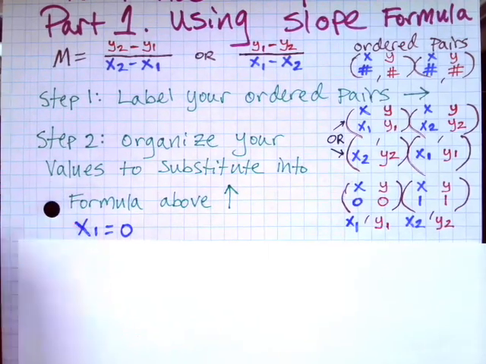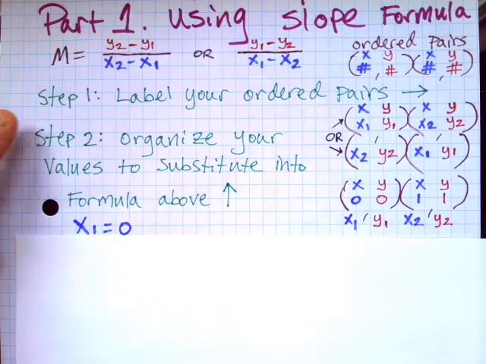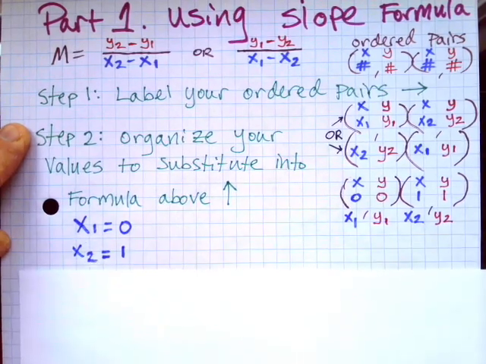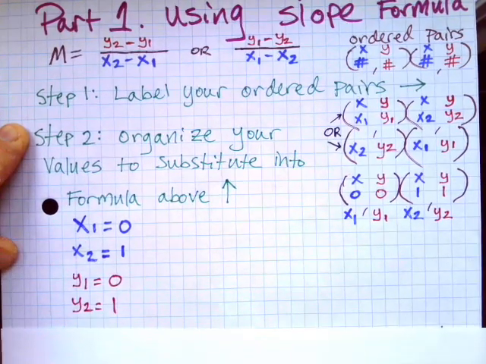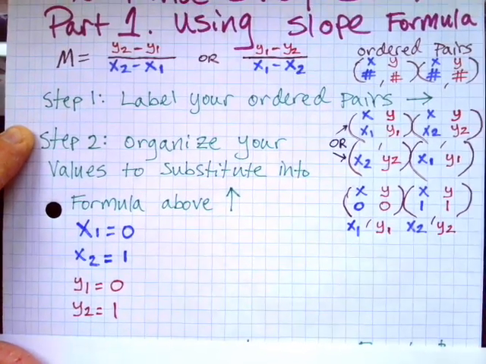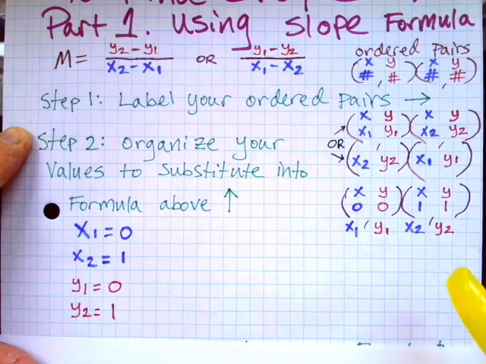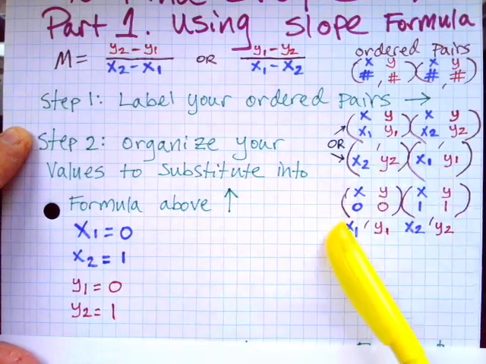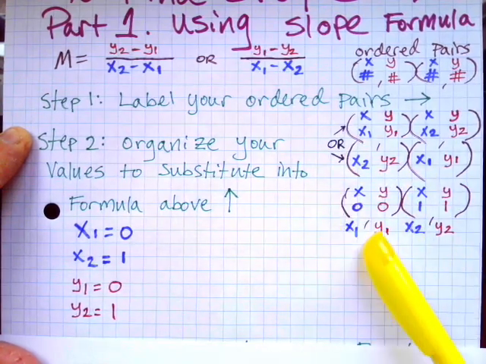So now you're just going to organize your values. Here I'm going to use these ordered pairs as an example, right?